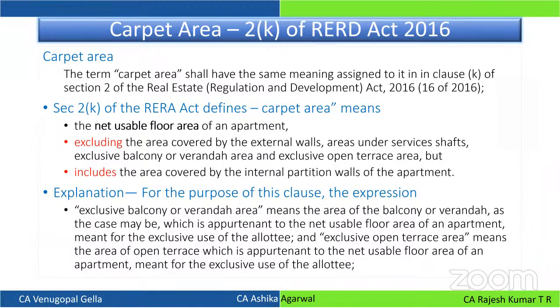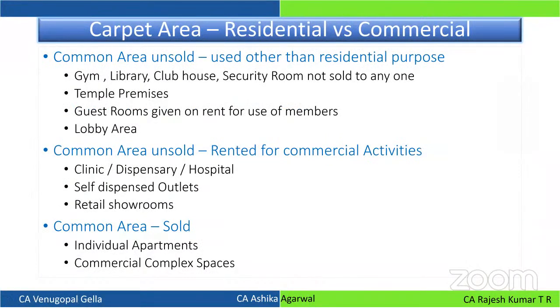All this common area is in the custody of the association of allottees, which we call the apartment owners association or resident welfare association. So all these common areas would be in the hands of the association. That is, your super built-up area or built-up area minus carpet area is called common area, and this common area is in the hands of the association.